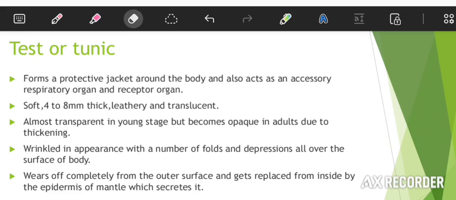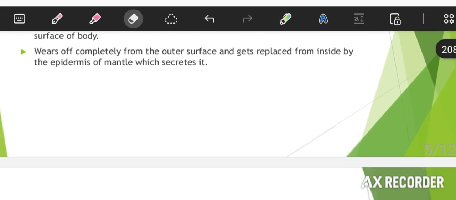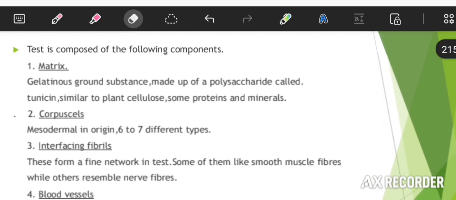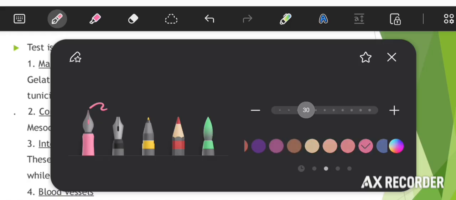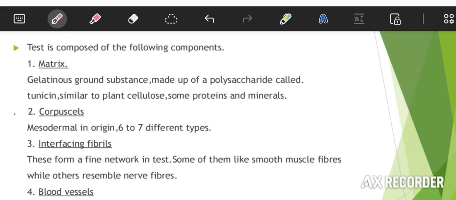Now let's move to the next slide. Test is composed of the following components. Now this one is the matrix. Matrix is the gelatinous substance of the test.